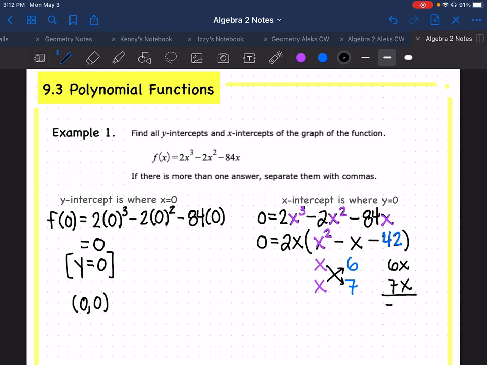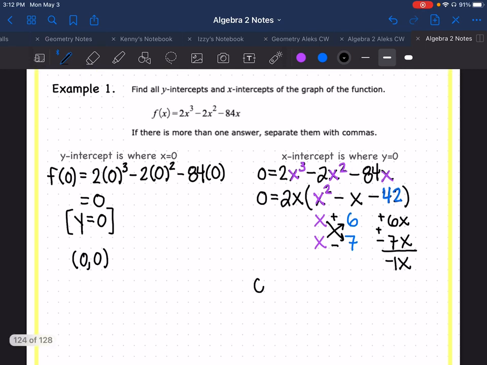I'm pretty sure I can make that be negative x, or negative 1x, if I add together a positive 6 and a negative 7. Yep, positive 6 plus negative 7 is negative 1. So that means I have a plus here and I have a minus here. So now I still have the 2x that I factored out, but then I have x plus 6 and I have x minus 7. Here are my 3 factors.